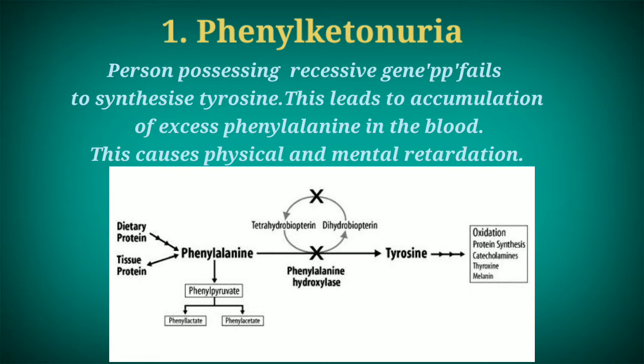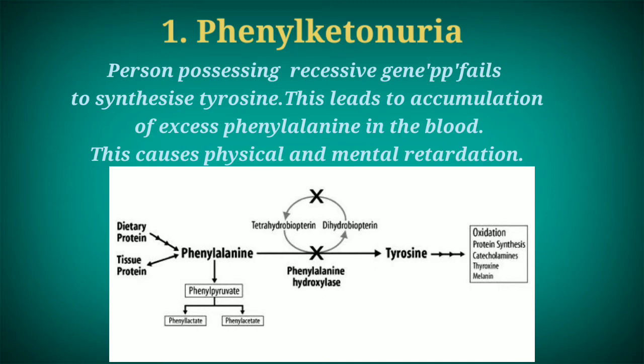Phenylalanine, which comes to our body through dietary protein, or is a component of our tissue protein, is converted to tyrosine. And for conversion of phenylalanine to tyrosine, an enzyme called phenylalanine hydroxylase is required. Now, in that person, because of the mutation in the actual gene, which is the dominant gene, the gene cannot synthesize the enzyme phenylalanine hydroxylase.